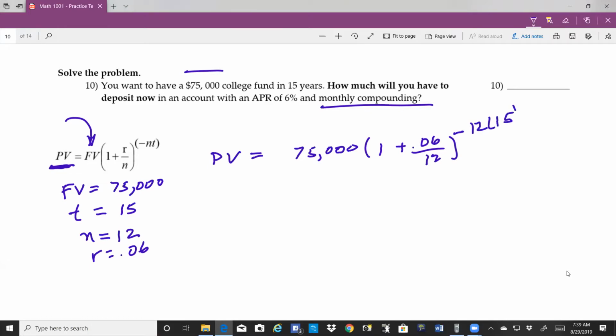You could go ahead and multiply that out. Now I'm going to put this in the calculator. It's a little bit different than the previous one. It's got a negative exponent.